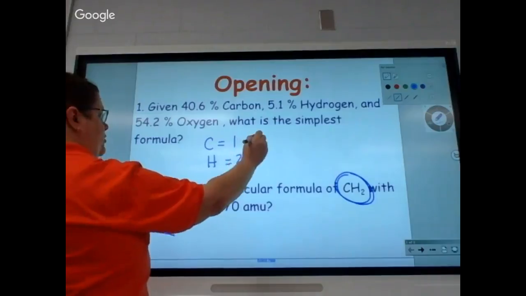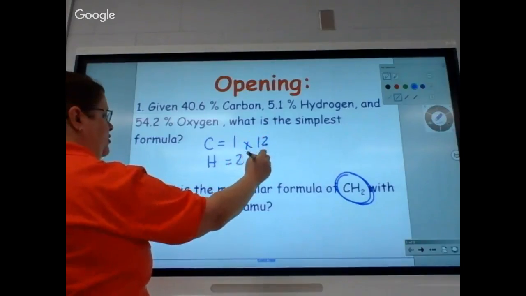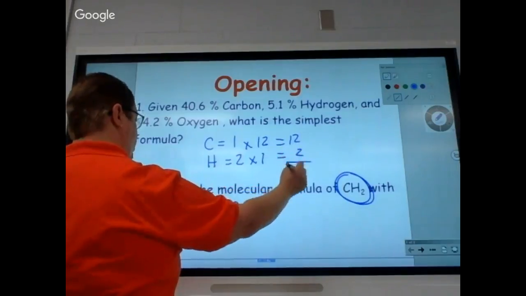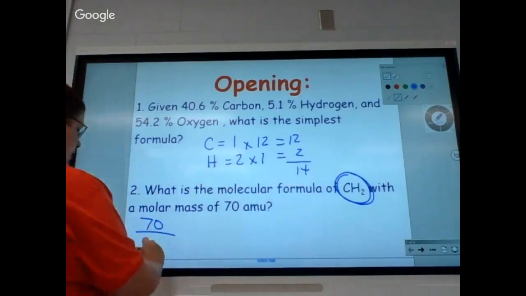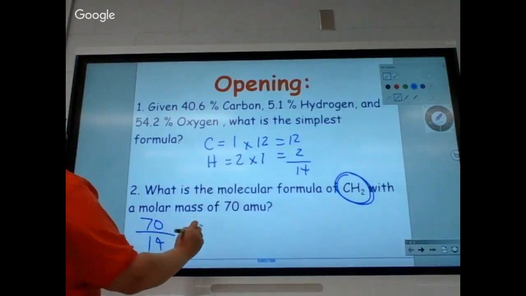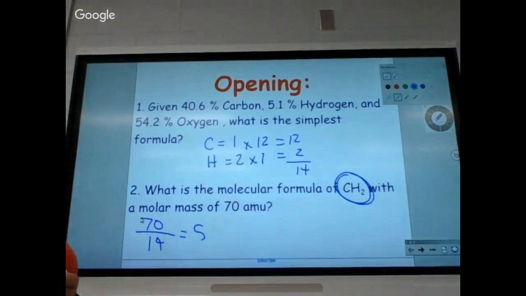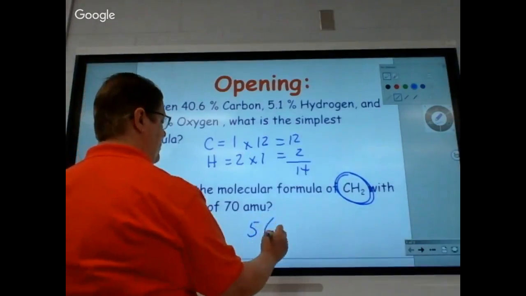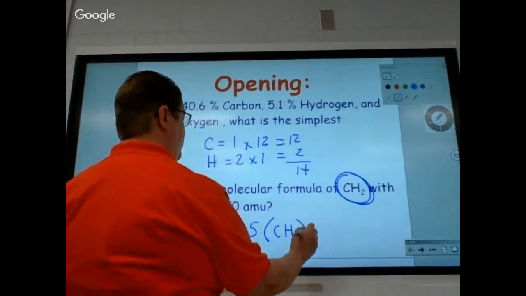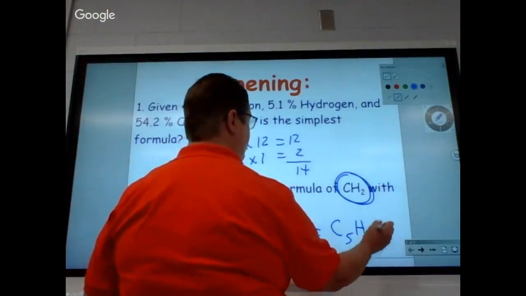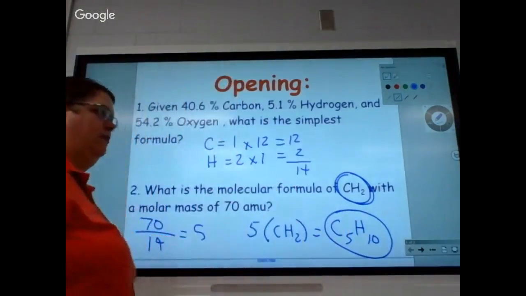The mass of carbon is 12, mass of hydrogen is 1, so we get 12 plus 2 for a total of 14. So 70 divided by 14 is what? 5. That means the formula was reduced by 5. So take the 5, multiply it by CH2, and you get C5H10. So that's your answer.